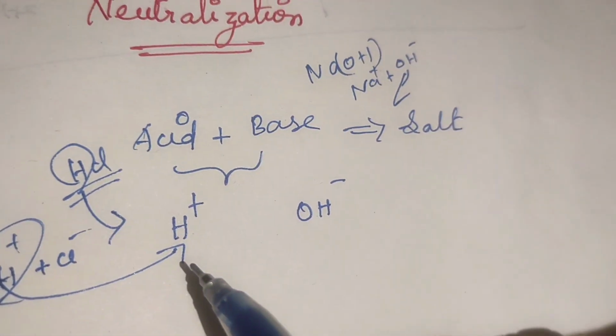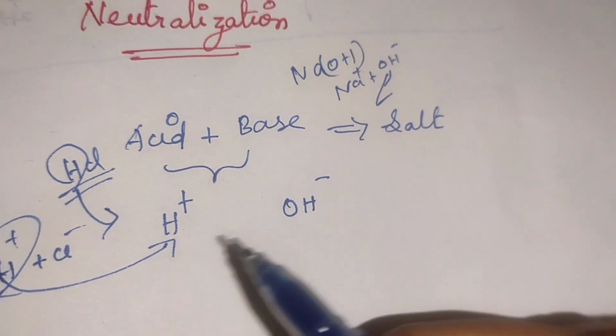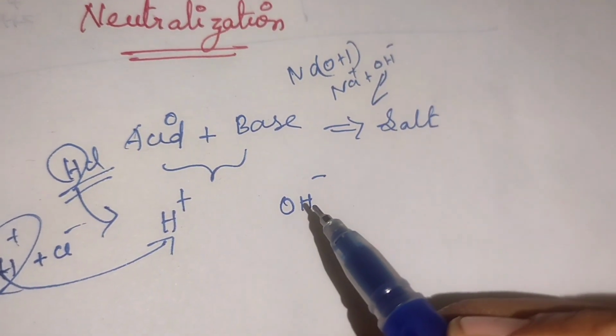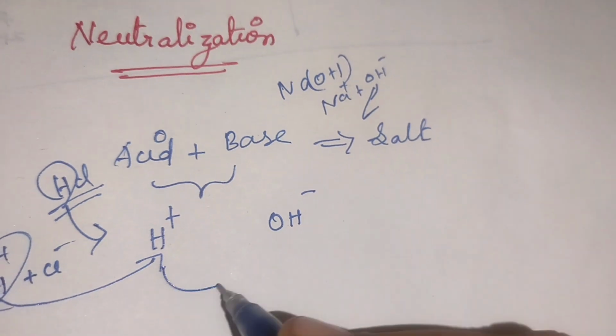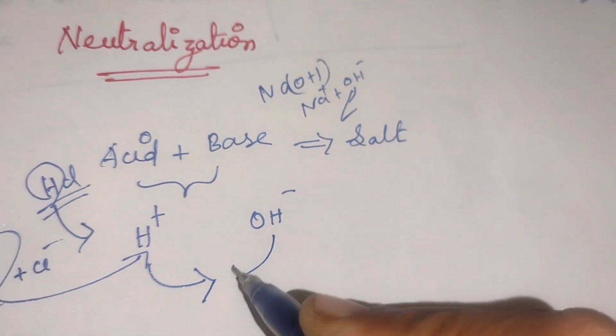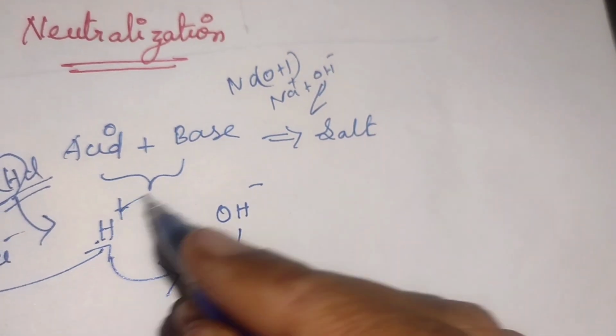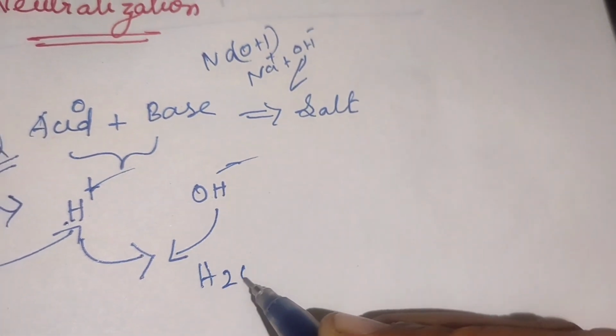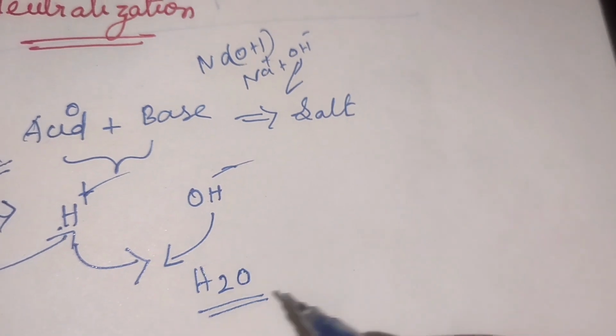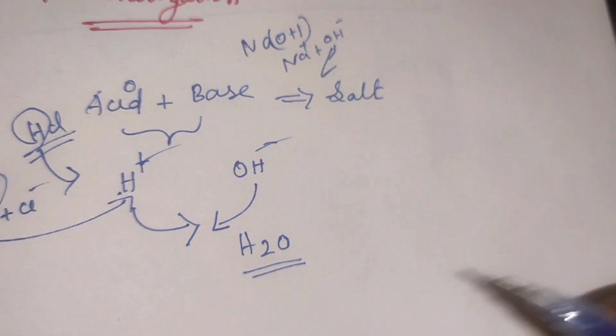One H plus ion of the acid is neutralized by one OH minus ion of the base. When this H plus and this OH minus join with each other, plus and minus equally, they form H2O. So the neutralized product we get is H2O.